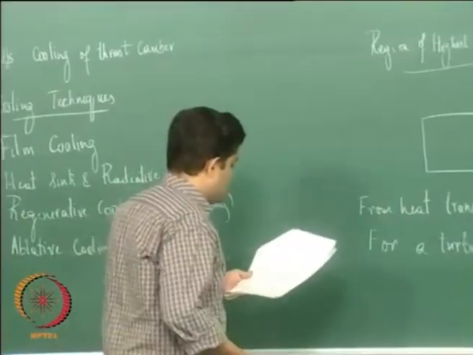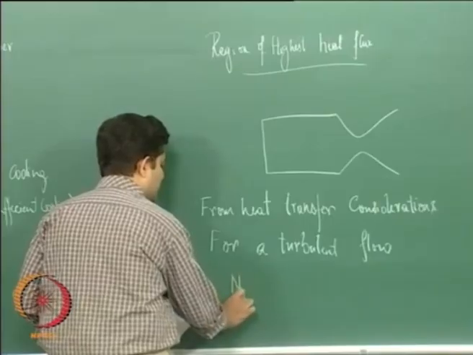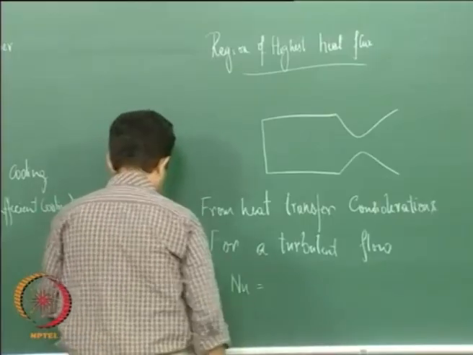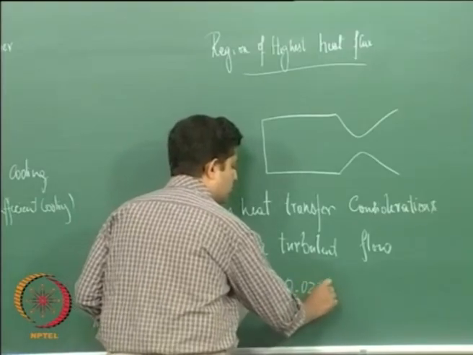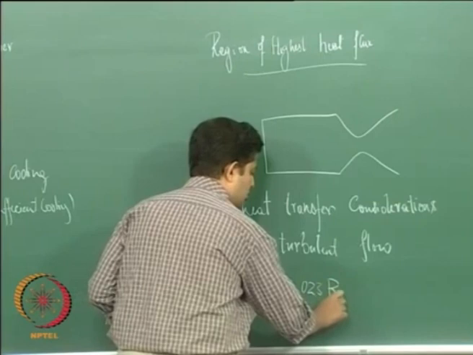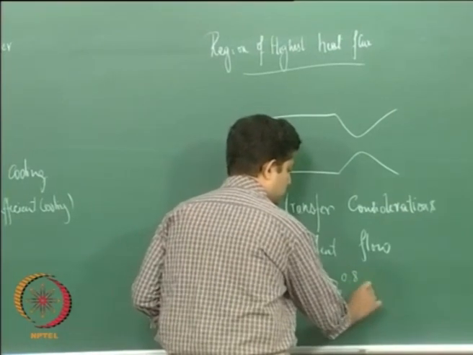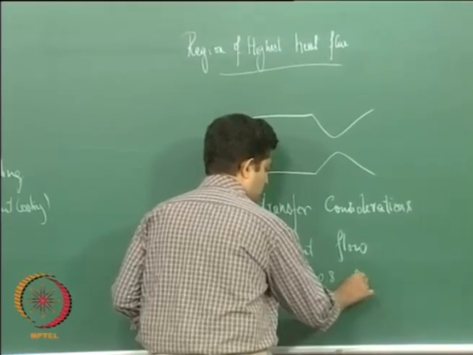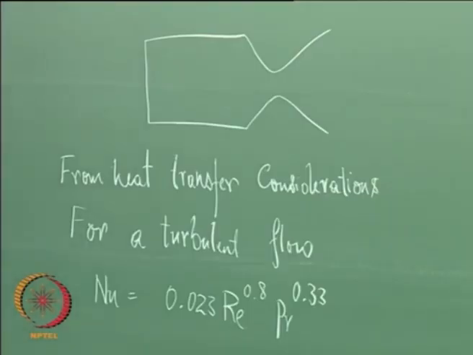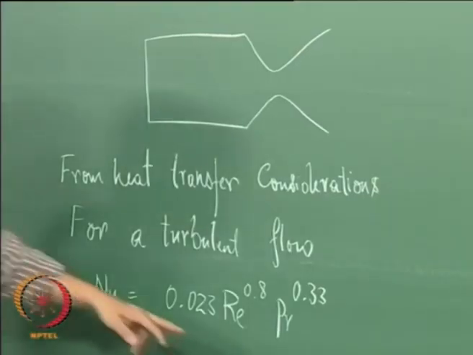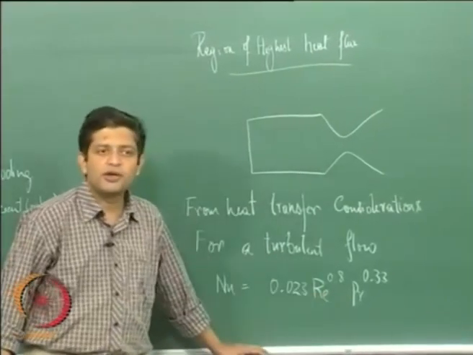So for a turbulent flow, we had seen earlier that we can write the Nusselt number as follows, and we had said that the Prandtl number for most gases that we deal with is of the order of 0.7 to 1.